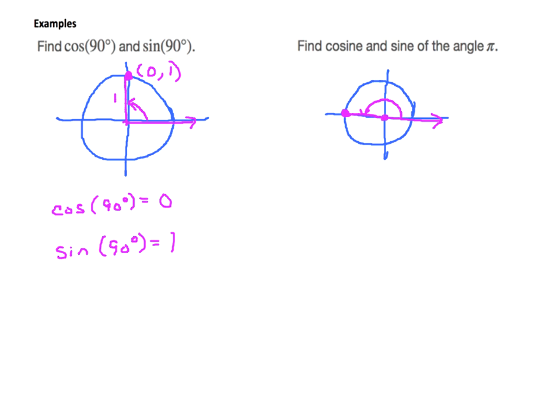Since this is the unit circle, from the origin to the edge of the circle is a measurement of 1, which means I had to move 1 in the negative direction and up or down none off of the x-axis. So the cosine of pi is equal to -1. The sine of pi is equal to 0.